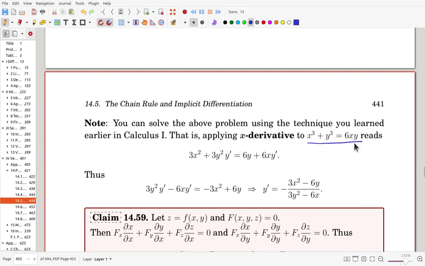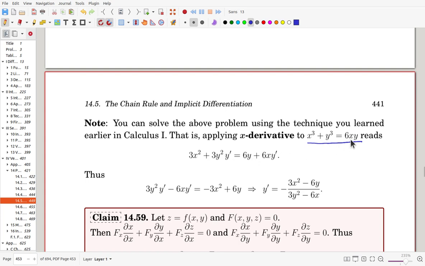Then by using the chain rule, you can get this derivative. From this one, the x derivative is 3x squared. Now, by using the chain rule, first you take the y derivative, that's 3y squared, times y prime.